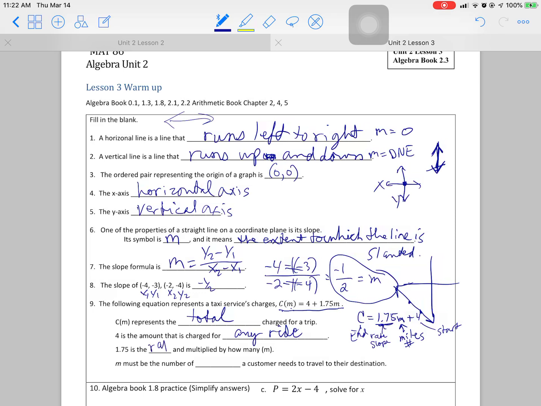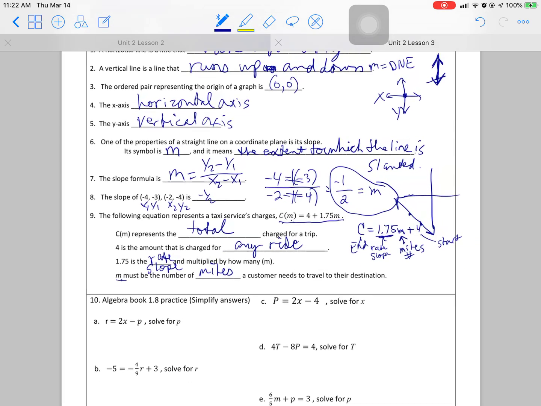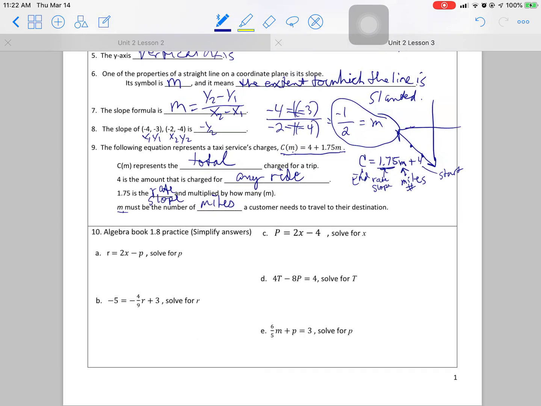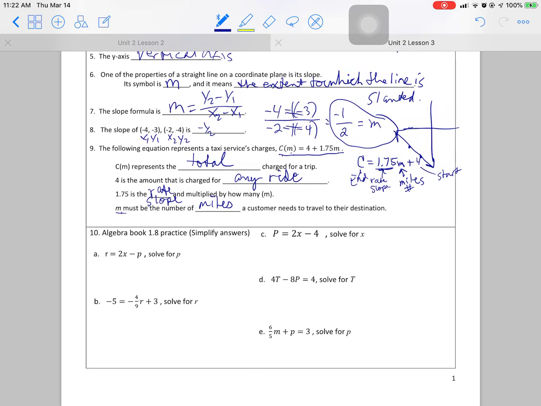Let's go with rate. You can also put slope, equally acceptable, okay? It is multiplied by how many m's, which in this case must be miles. M must be the number of miles a customer needs to travel to their destination. Okay, that's just another way you're going to see the word problems.